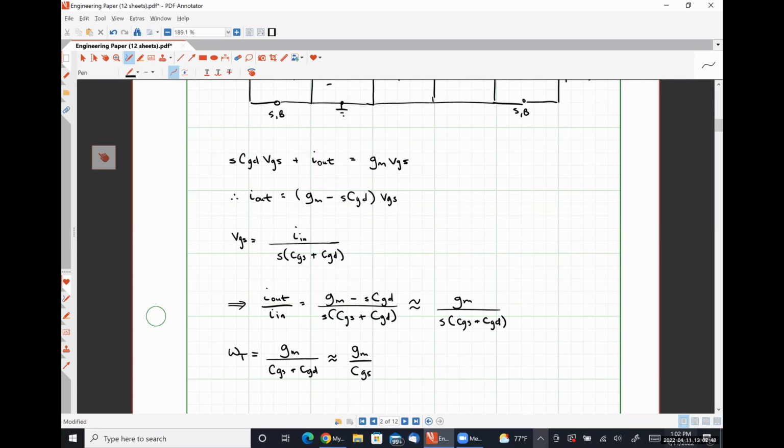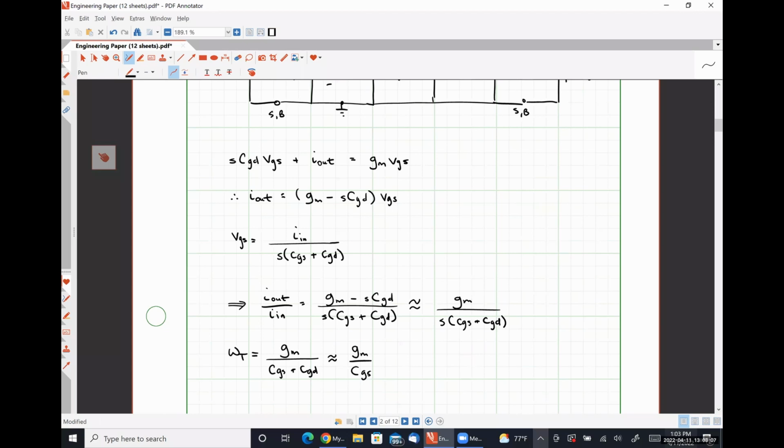The reason for this is because the gate drain capacitance is, again, a reverse bias junction capacitance, which means when our device is operating in saturation, that gate drain capacitance should be very, very small, intentionally so, right?